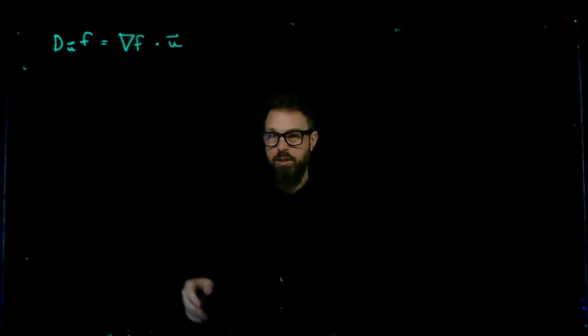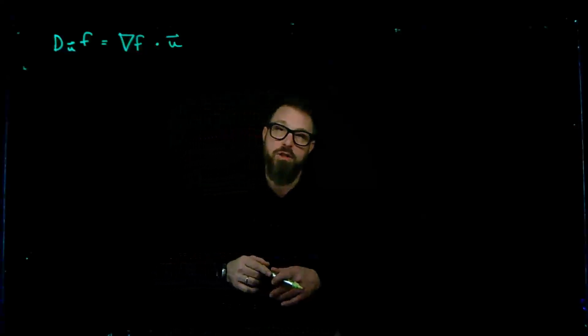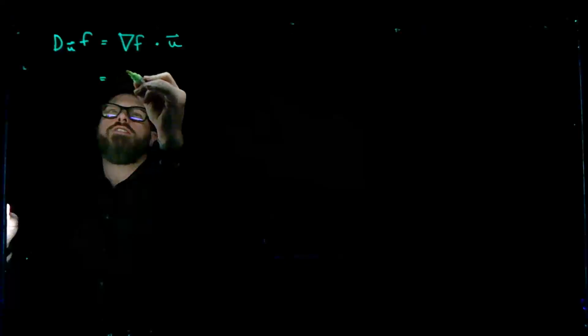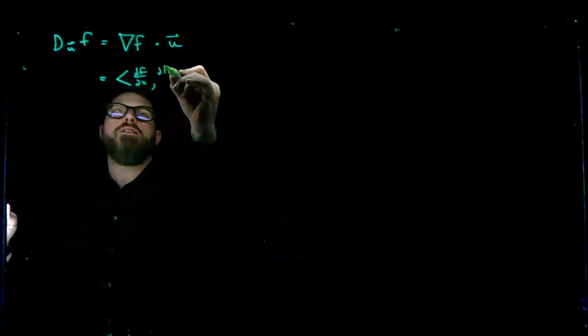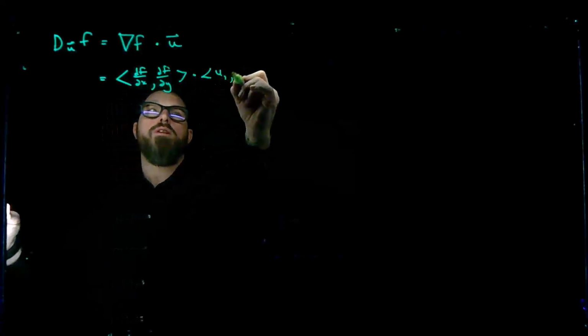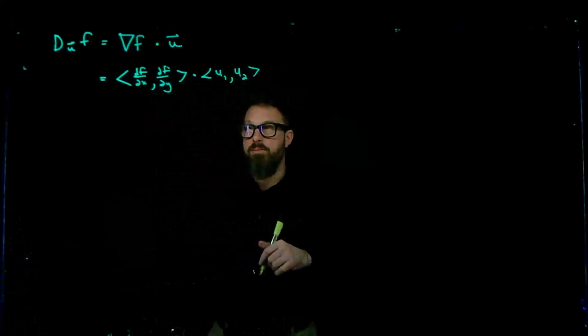Now, I can relate this directly to the partial derivative with respect to x, and also the partial derivative with respect to y. So what we know is that this is going to be equal to (df dx, df dy), dotted with (u1, u2), assuming this is a unit vector.